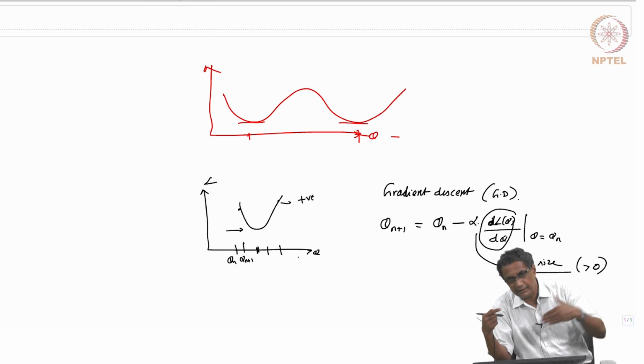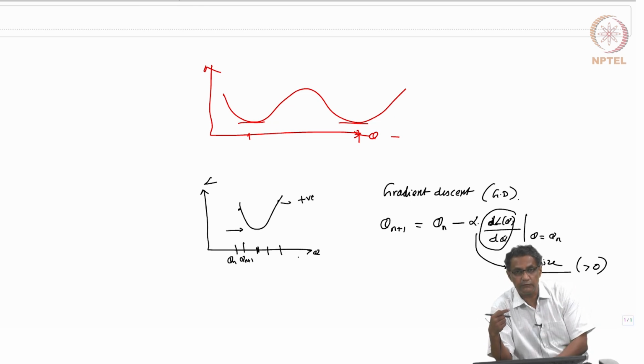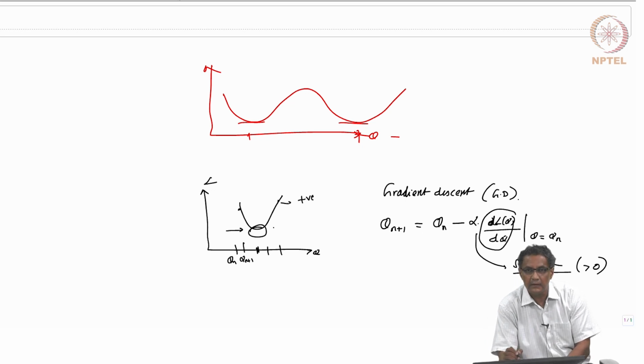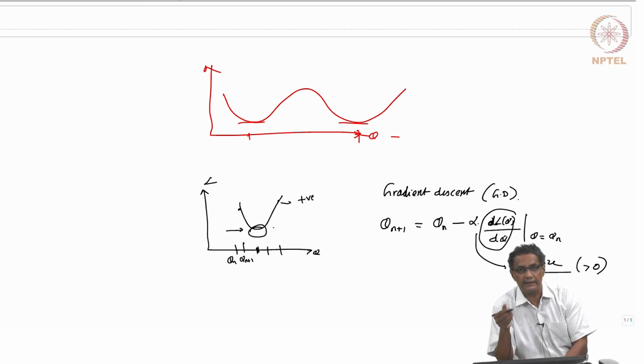So if you come from here, it takes you forward towards the minimum. The idea is that you want to eventually get to this place. You can take small steps and get there. So theta n plus 1, you will be here.